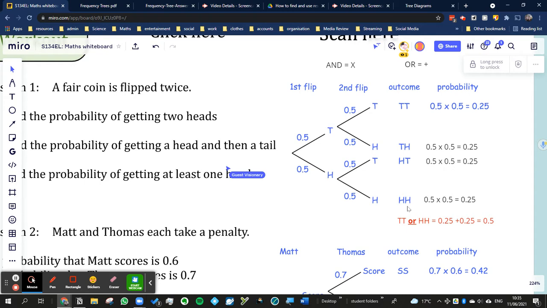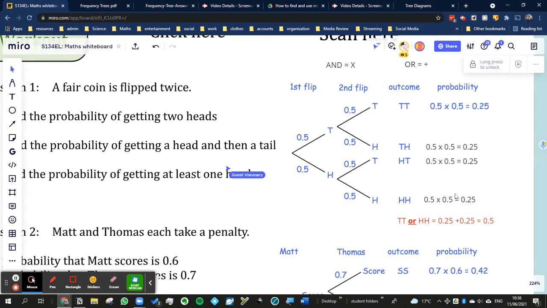If I flip a coin twice, I'm either going to get tails, tails, tails, heads, heads, tails, or heads, heads. So the probability of me getting any one of these is 1. And that would mean what's the probability of me getting this, or this, or this, or this? And I would go 0.25 plus 0.25 plus 0.25 plus 0.25. And surprise, surprise, they all add up to 1.